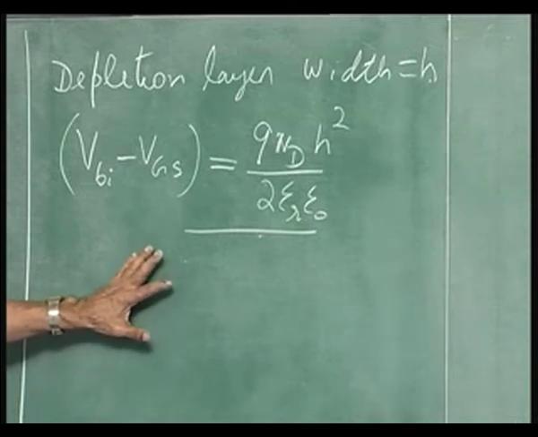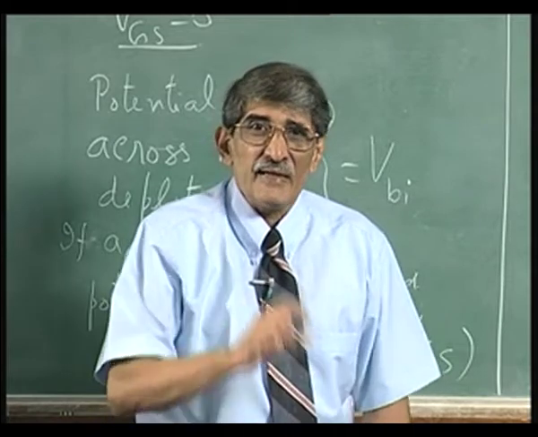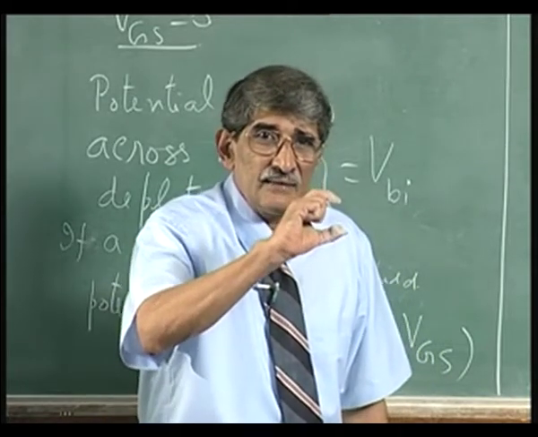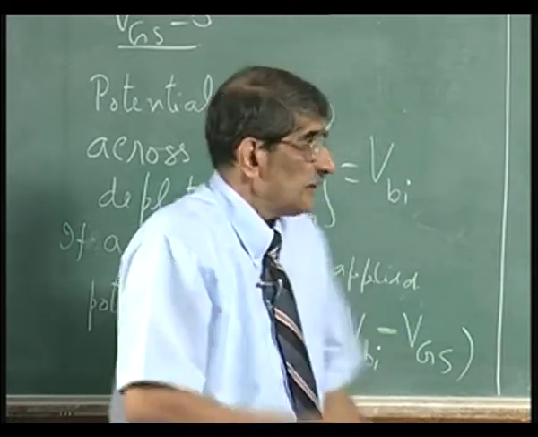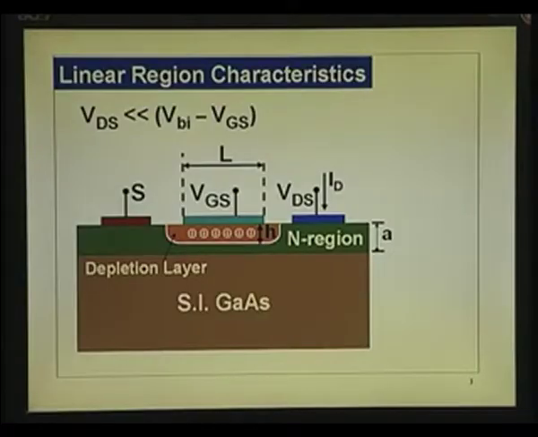Please remember, we are using only this equation in the analysis completely, because if you want to find the channel thickness now, originally it was A, now it has been reduced by some amount H. Okay. You go back to this slide here, see here, the original channel thickness is A, it is reduced by this depletion layer width, because out of this thickness A, this entire thickness H is occupied by the depletion layer, no mobile carriers are there.